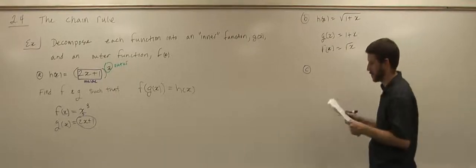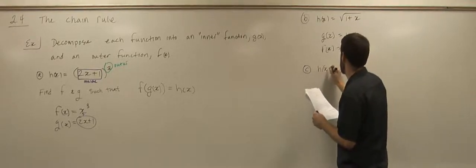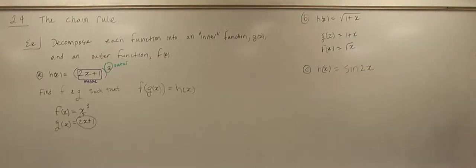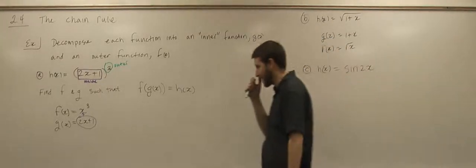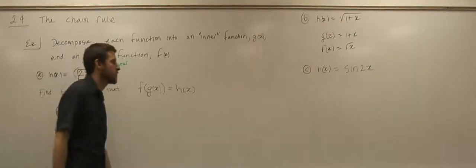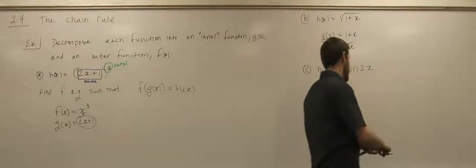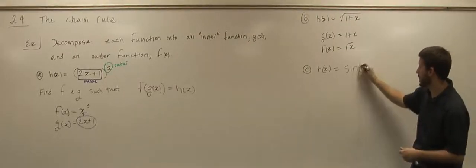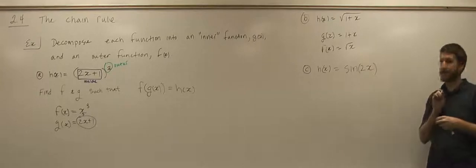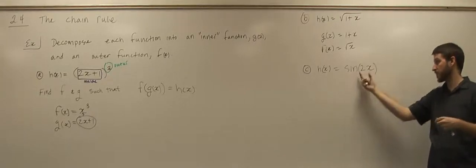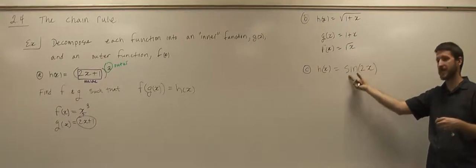See if I can give you a slightly trickier one. Sine 2x. What are the inside and outside functions? If I wrote it like this, would it help? Just a constant, 2x. This is what sine of 2x means. It means the 2x is inside of the sine function.